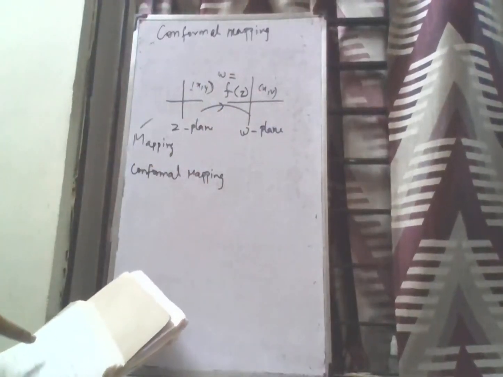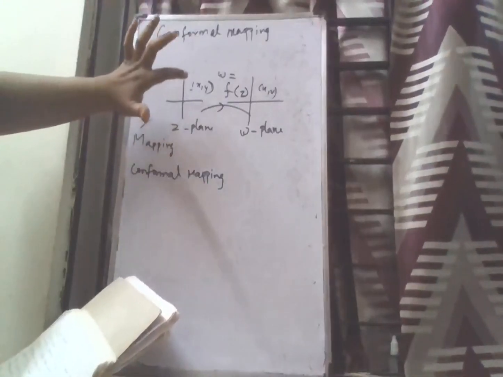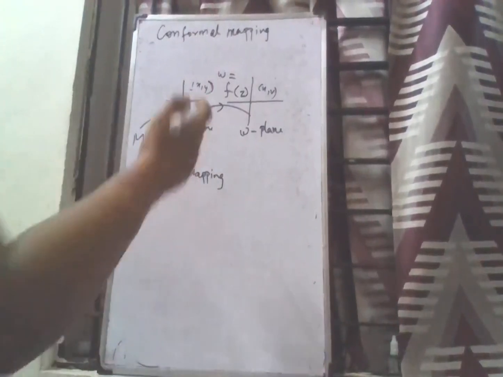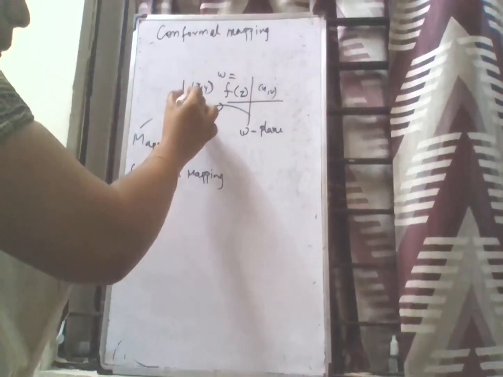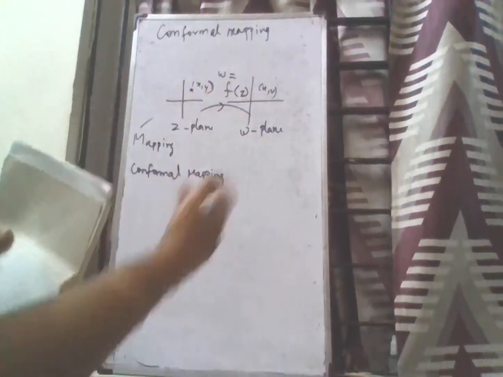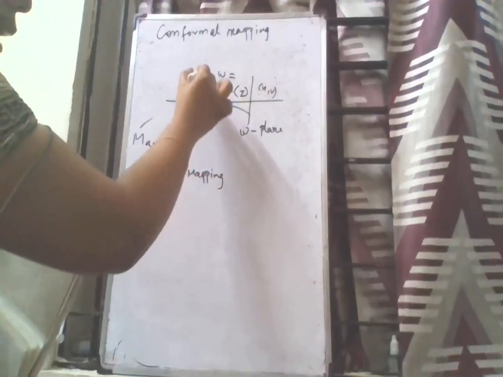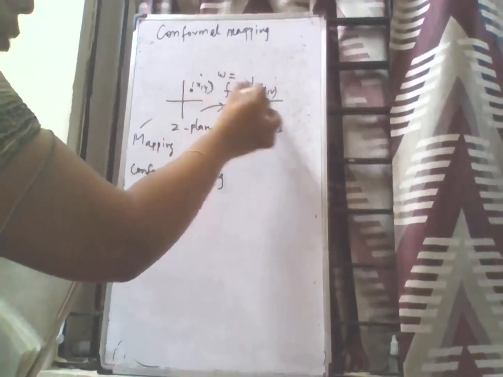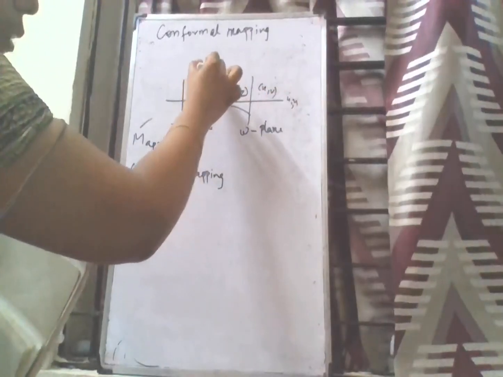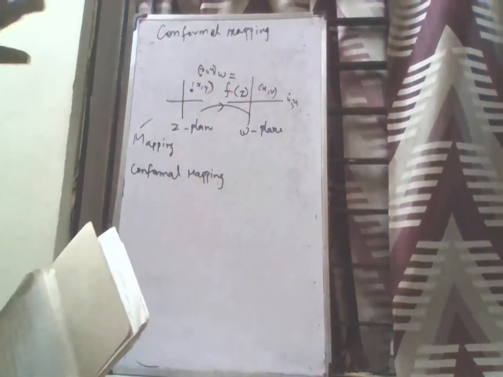Now, the function w equal to f of z determines a point u comma v in the w plane. Which means for each point x comma y in the z plane, we get a corresponding point u comma v in the w plane. Say, for example, here you have one point x1 y1, and correspondingly here you will have one point u1 v1.